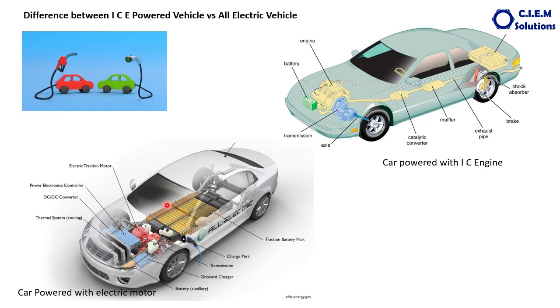The first main difference is that this is powered with the internal combustion engine, which runs on fossil fuel like petrol or diesel, whereas this is powered with an electric traction motor, which is powered with storage batteries.